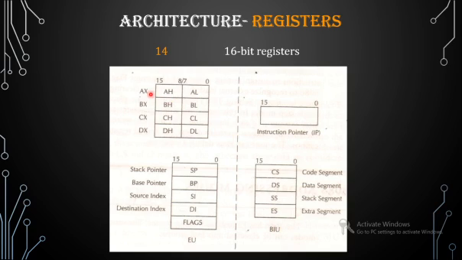Then you have 4 general registers, AX, BX, CX, DX, 2 pointer registers, stack pointer and base pointer, 2 index registers, source index and destination index, and finally the flags. So 4 plus 4 is 8, 8 plus 1 is 9, 9 plus 5, you have 14 registers available in the 8086 microprocessor. Okay, so that ends the architecture of 8086. Hope you have understood. Thank you.